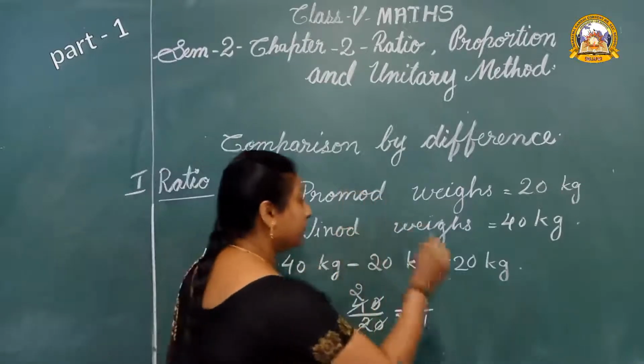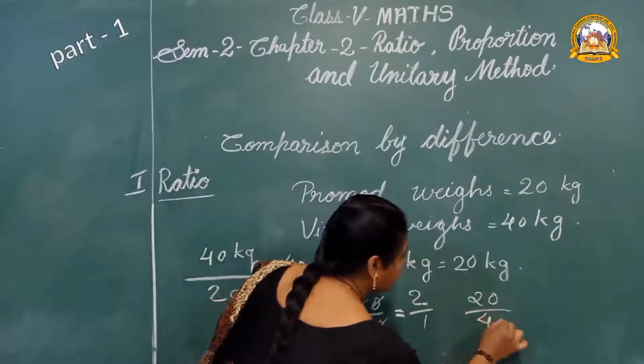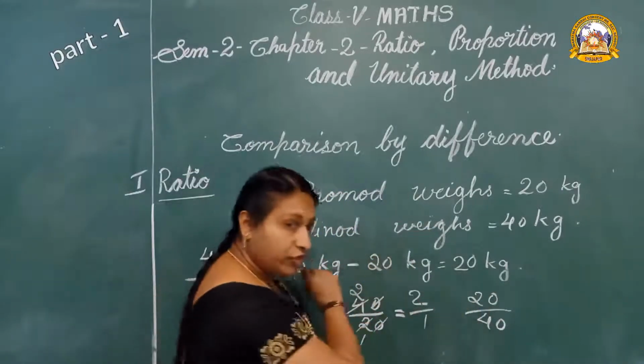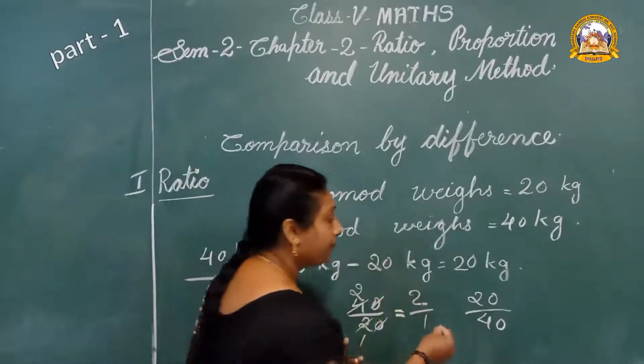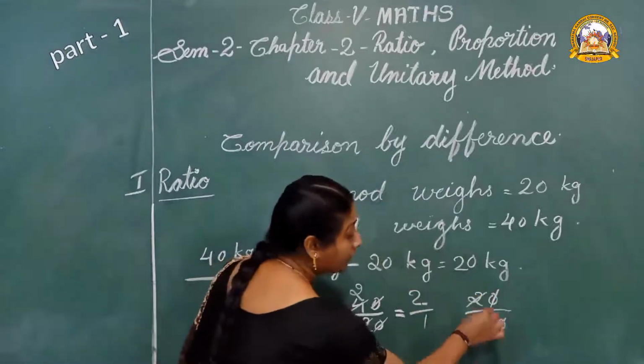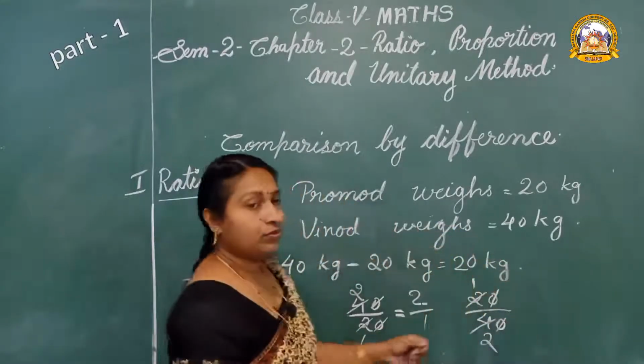Let us write 20 upon 40. First, it is Pramod's weight and it is Vinod's weight. How can we say? First, let us cut the zeros and these are cut by 2. 1 and 2. Okay.